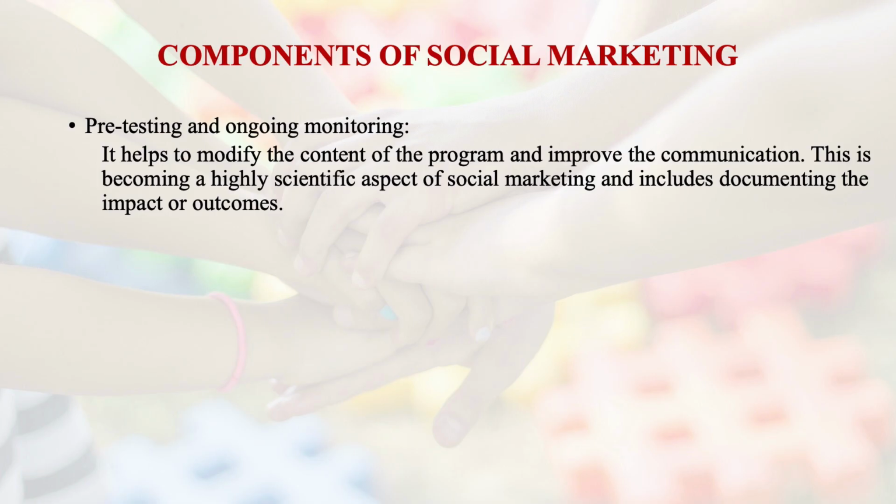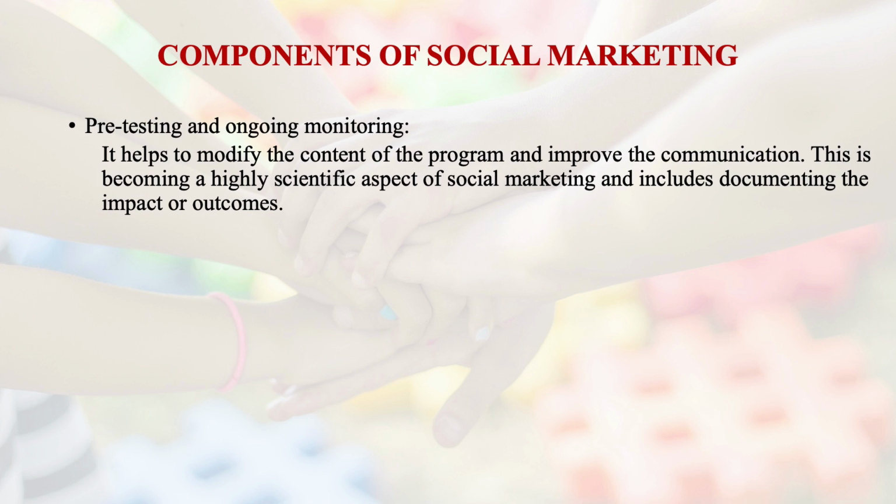The next will be pre-testing and ongoing monitoring. What is that? Pre-testing and ongoing monitoring basically help a particular NGO about the content of the program and how to improve the communication. And this is basically a very scientific aspect of social marketing campaign, and it also includes documenting the impact on the customer.